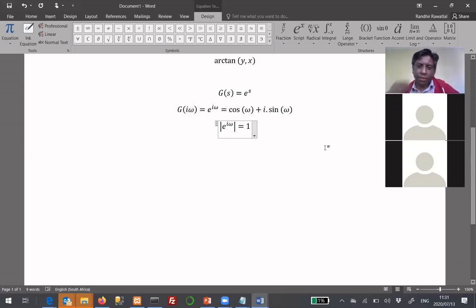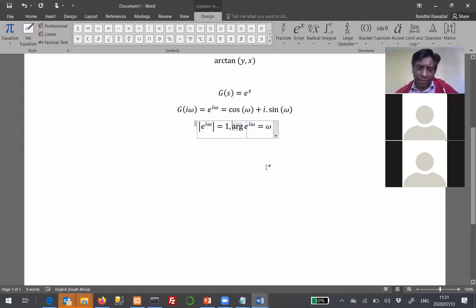So from your basic complex analysis, the magnitude of e to the I omega is 1, and the angle, so arg e to the I omega, that's equal to omega.